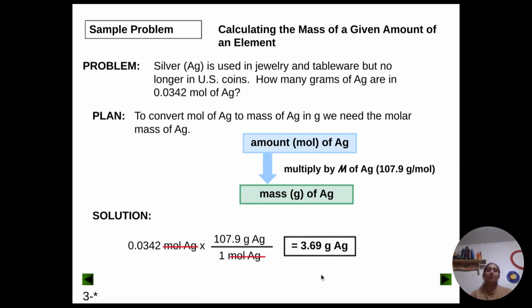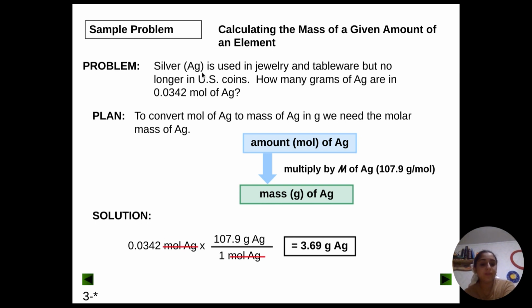Moving on, here's just a little example before I leave you: calculating the mass of a given amount of element. Say you have silver, whose symbol is Ag. It's used in jewelry and tableware, but no longer in US coins. How many grams of Ag are in 0.0342 moles of Ag?